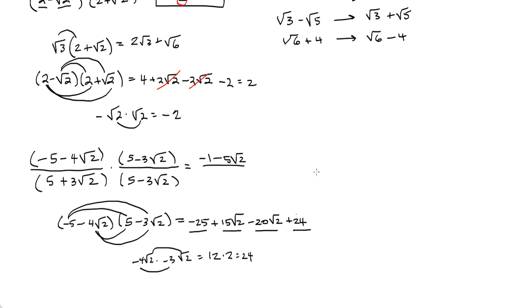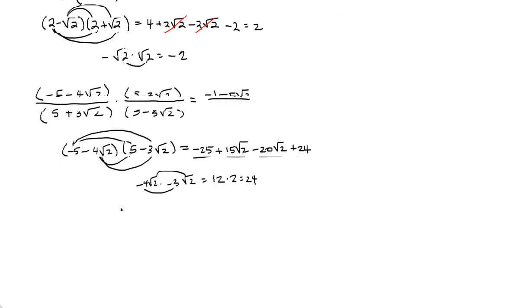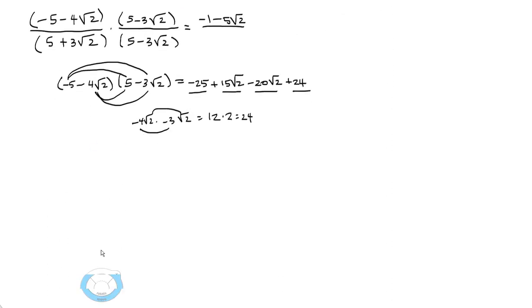Now let's look at the bottom. Move this up here. There we go. Our bottom is (5 + 3√2) times (5 - 3√2).